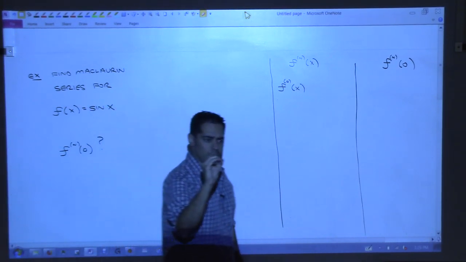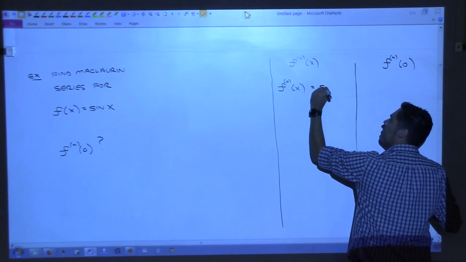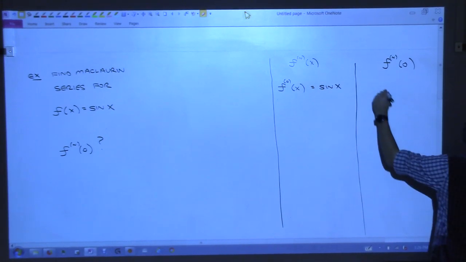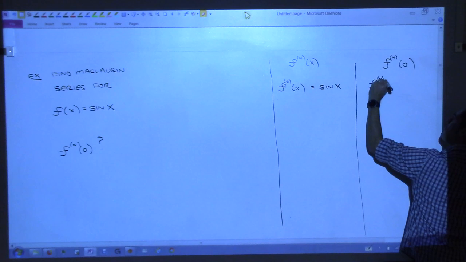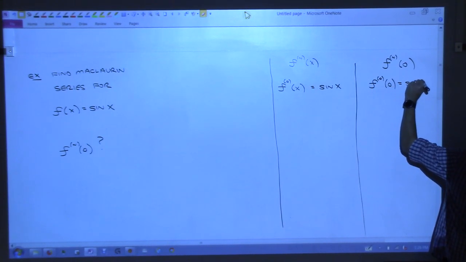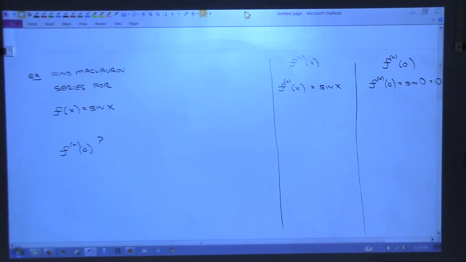So the 0th derivative means don't take a derivative, right? So isn't that just the function itself? Sine x. And what is the 0th derivative if you plug 0 into it? So what's sine of 0? 0. Okay. So the first constant that I get out in front is 0.